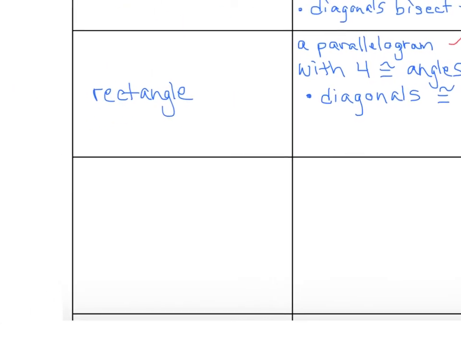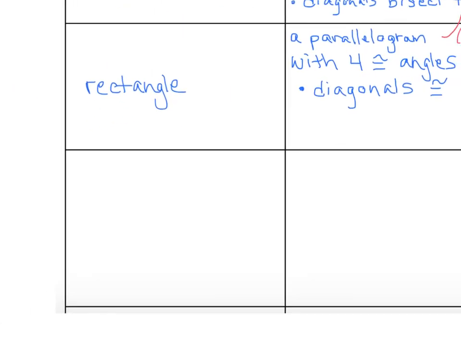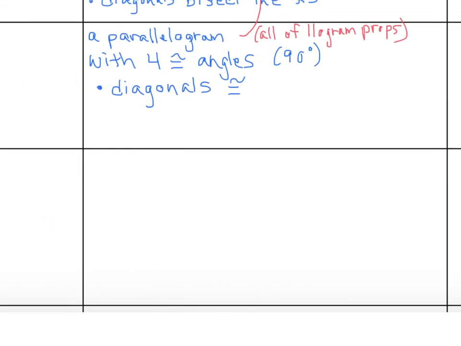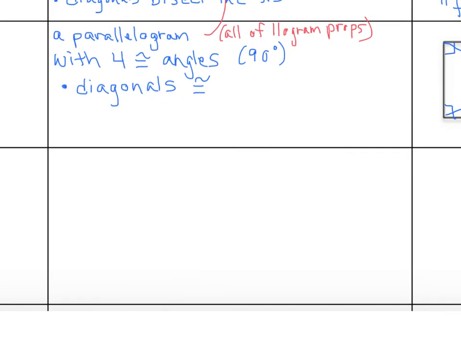Then the very last thing is what we call our perfect parallelogram, and that is our magic square. And of course, you know what a square is, but in terms of all of the properties that a square has, remember that a square is a parallelogram still.